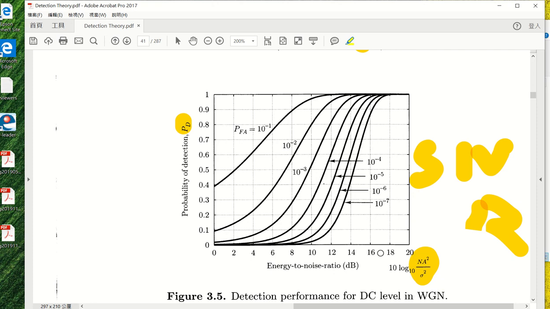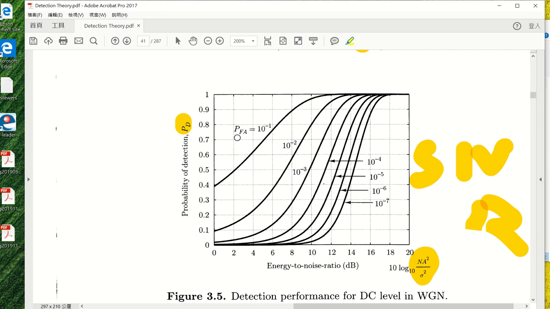And then as you see, if you have more signal energy, you have better PD, right? You have less noise energy. You also have larger value of this, so you also have better PD. But you can look at it in different directions. You see, PFA, you have a larger PFA, then you have worse.